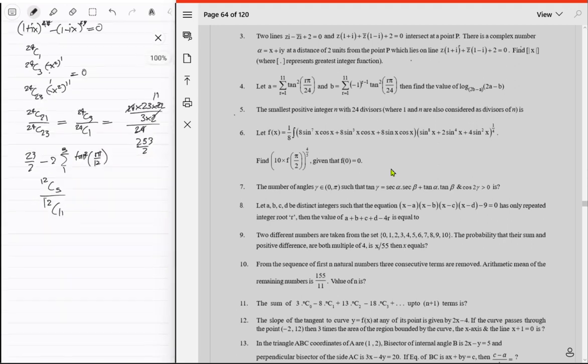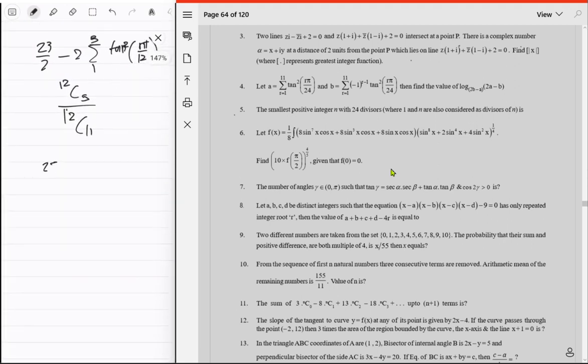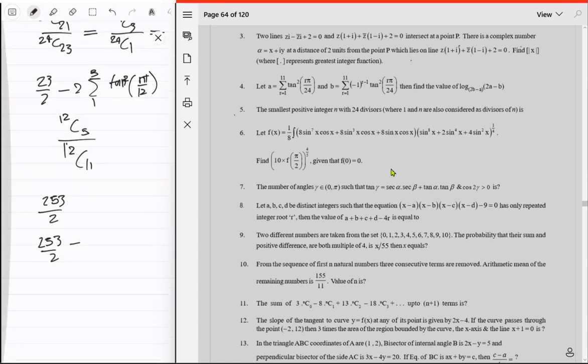This is basically 253 upon 2, so just 253 upon 2 and then here just 253 upon 2 minus this number, but 2 times of that.